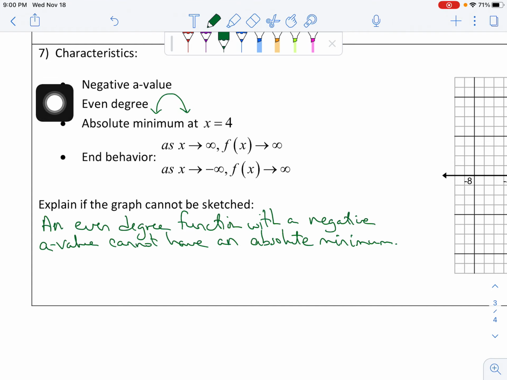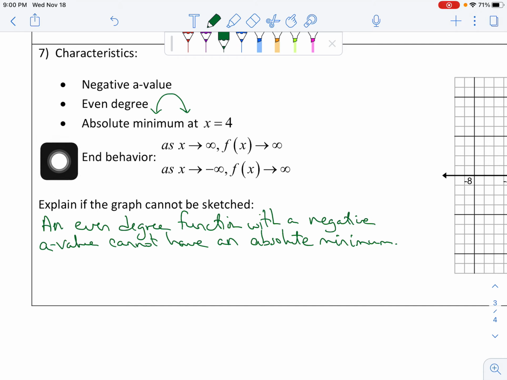So what's going to happen here is if you have an even degree function, it's that U-shaped graph, kind of that parabola looking thing, right? But if it has a negative a value, it's got to be concave down. It's reflected over the x-axis, which means you could have an absolute maximum, but you cannot have an absolute minimum.